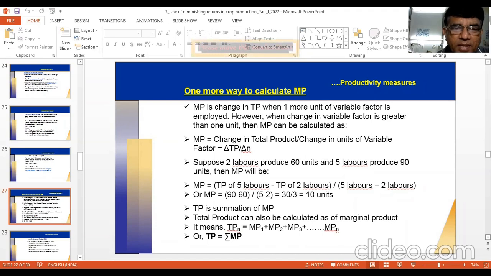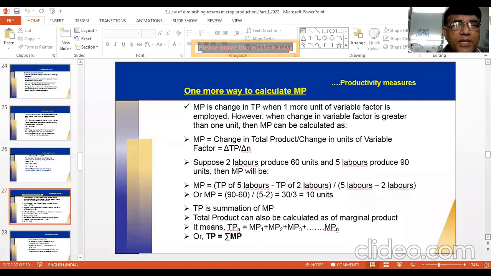Then MP is equal to TP of 5 laborers minus TP of 2 laborers, divided by 5 laborers minus 2 laborers. So MP is equal to 90 minus 60 divided by 5 minus 2, which is 30 by 3, equal to 10 units. So this is the marginal product.